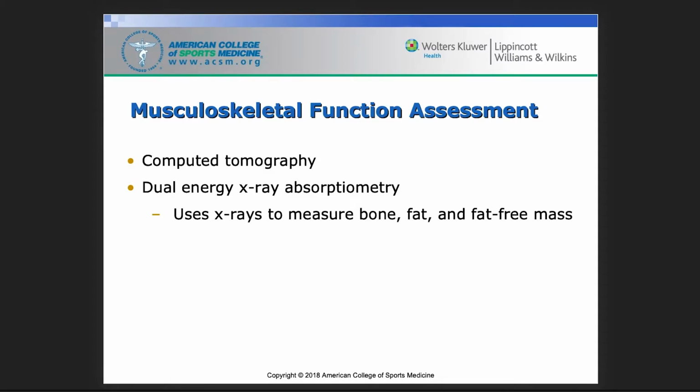Most of the bone density research that we have on osteoporosis and osteopenia is measured using this device. But the benefit is that it doesn't just take bone density. We can get fat, and we can get fat-free mass, which is the muscle mass. So we can determine body composition pretty accurately from this device.